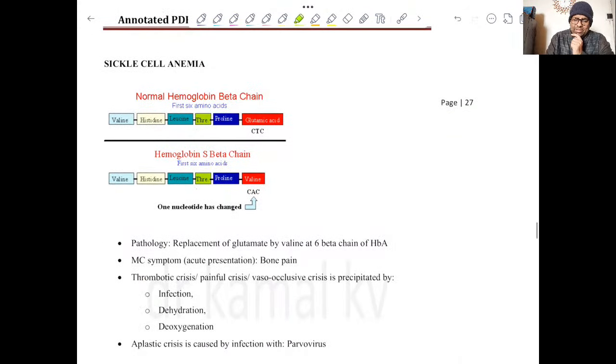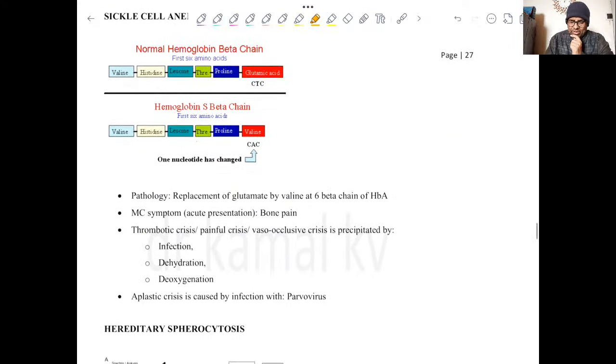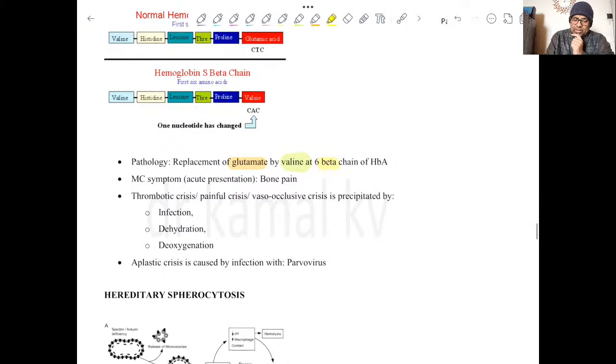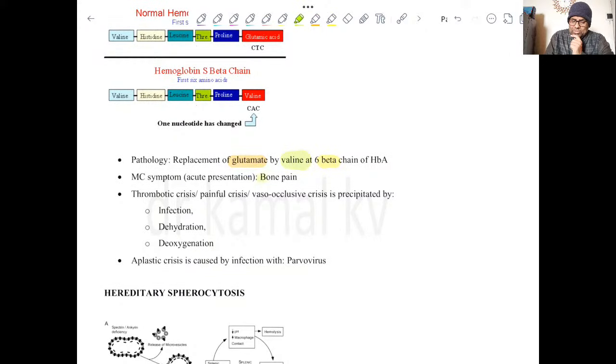Then sickle cell anemia, I think most of you must have read in pathology that glutamate is replaced by valine at beta 6, and the most common presentation is actually bony pain, that is because of vaso-occlusive crisis, which is also known as painful crisis, and that is precipitated either by infection, dehydration, deoxygenation, or also you can say acidosis.